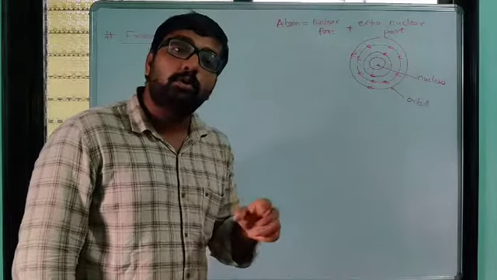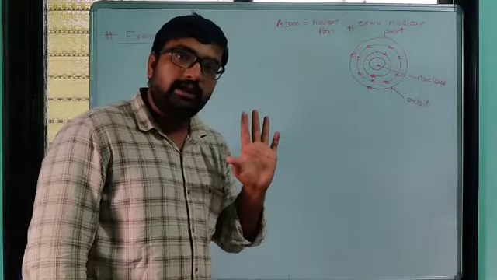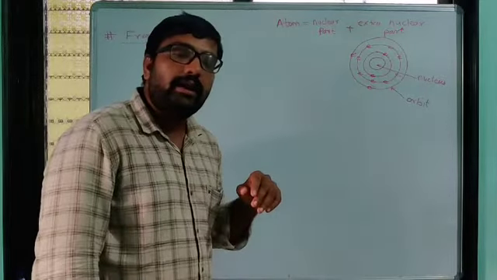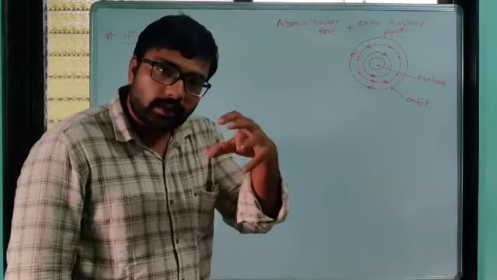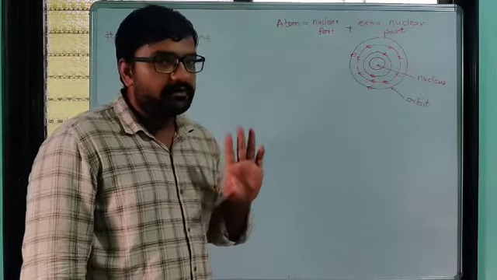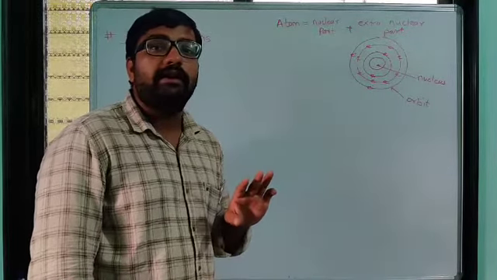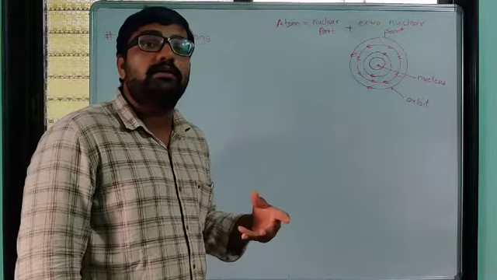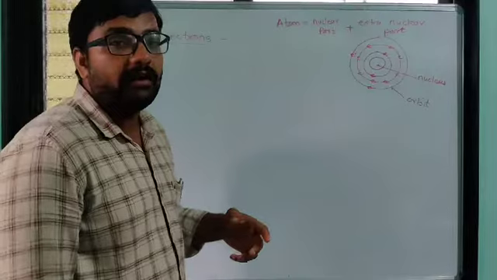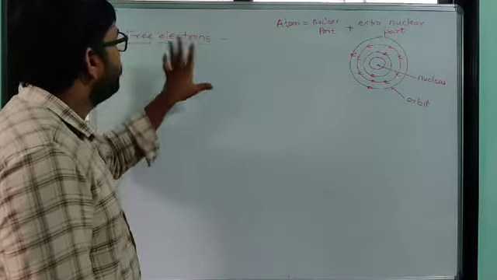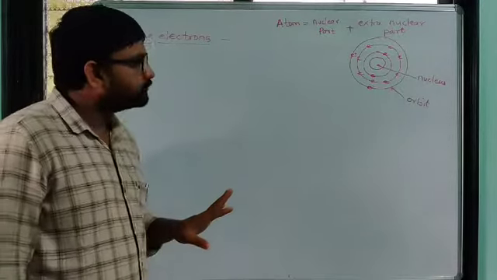In case of metals, we have to see free electrons. Why? We have to study electric current in this chapter, and we know metals are good conductors of electricity. Why metals are good conductors is what we study in this topic: the free electrons.